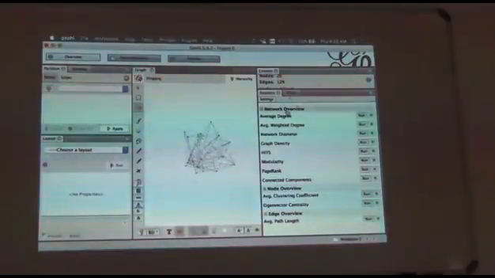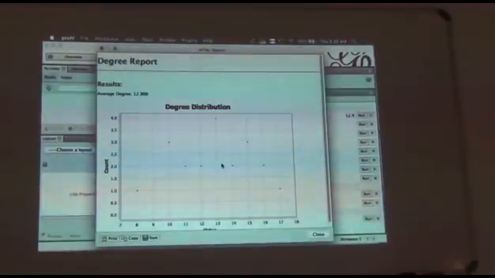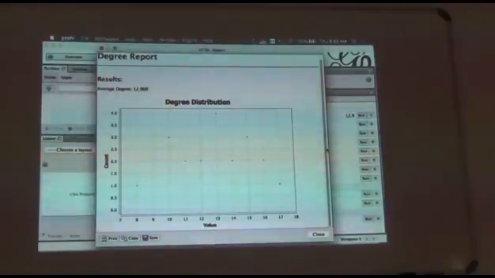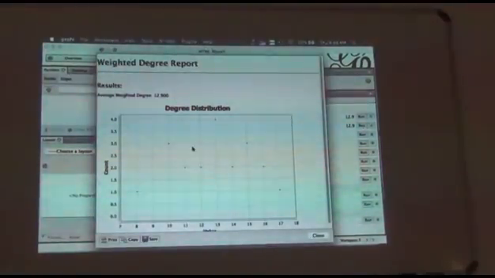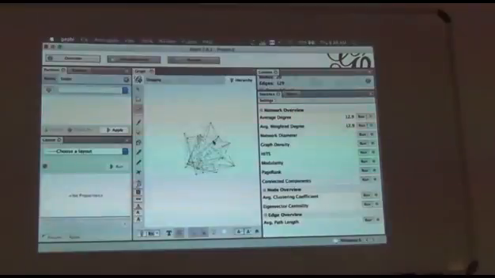So here in Gephi, in the corner you have some metrics. Average degree will count the number of connections each node has and plots this distribution, and your average degree is over here. That's very simple. If you want to account for the weight of the edges, it does the same. What else do we have? Eigenvector centrality.